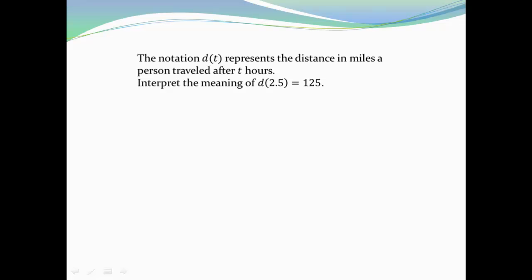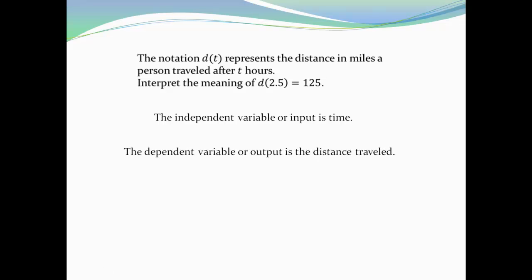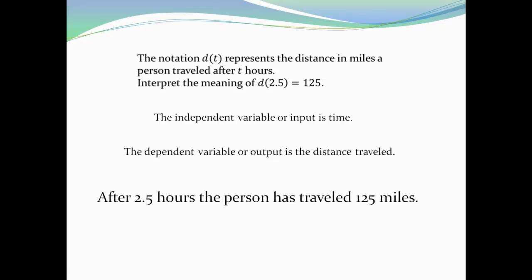Again, if we look and see what the independent variable is, we could say, okay, the independent variable, or the input, is time. The dependent variable, or the output, is the distance traveled. And we would interpret this by saying after 2.5 hours, the person has traveled 125 miles.